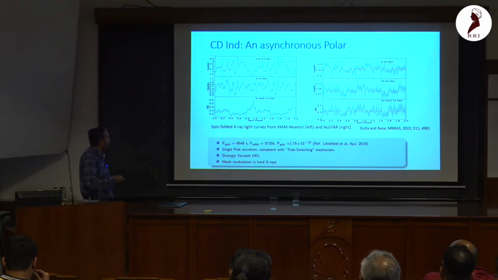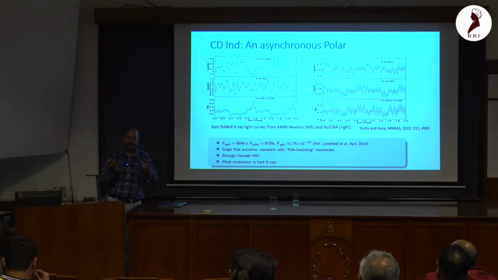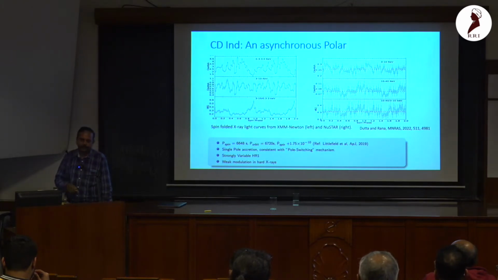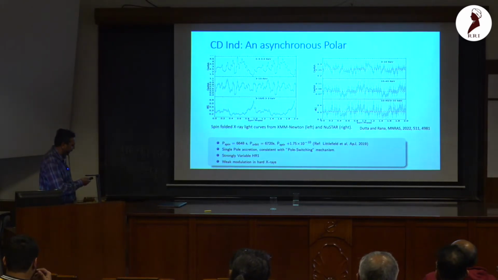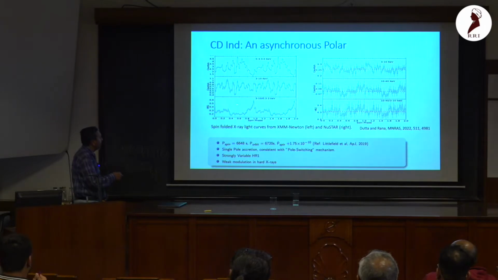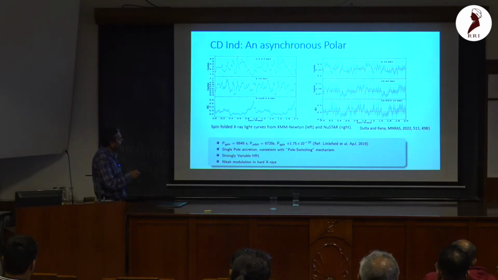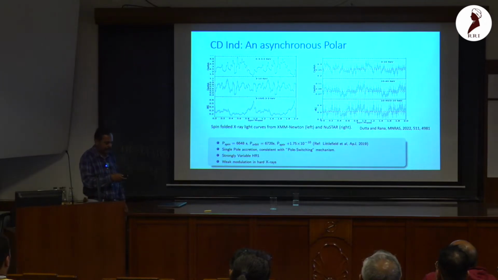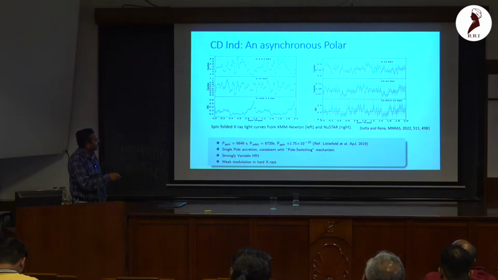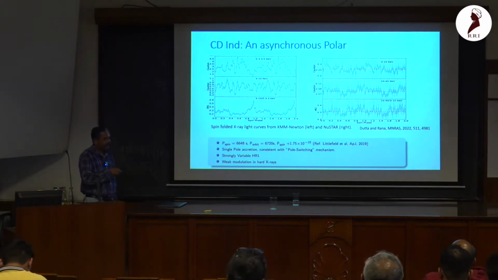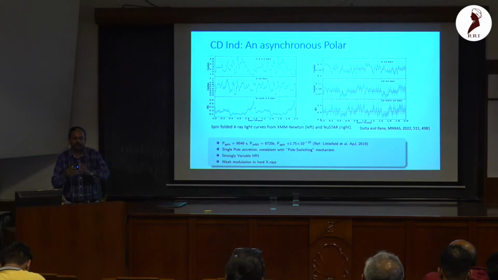This is just because of this small asynchronicity that introduces such complex behavior. When you plot this light curve divided as a function of energy in different energy bands, let's say this is below 3 keV, this is 3 to 10 keV, and this is 10 to 40 keV, then you will see a slight difference in the light curve. The amplitude basically changes as a function of energy.